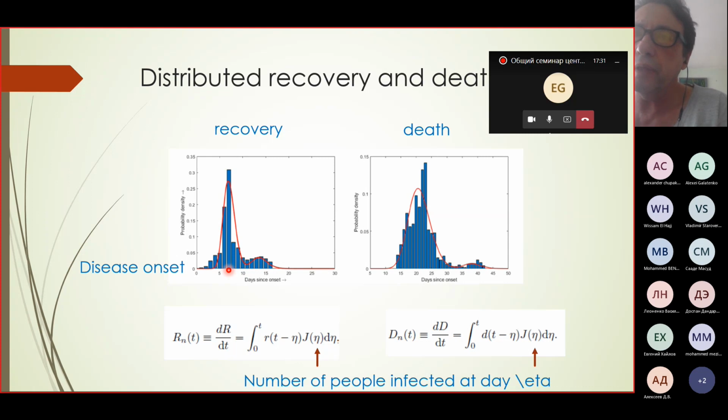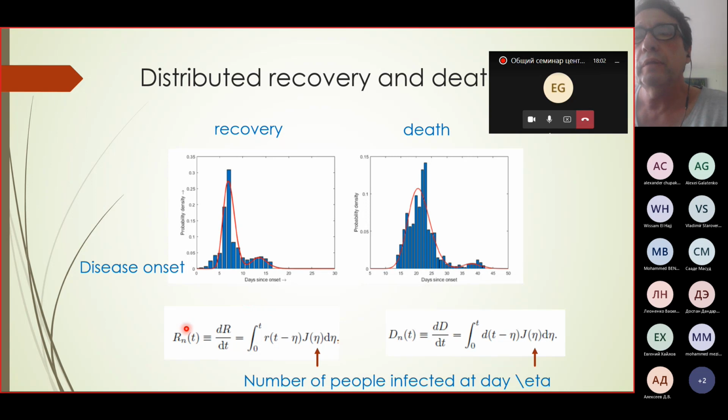I'm trying to understand the main ideas behind this model. So we have this distribution, and we see, of course, there are very few recovered on day 1, a little bit more on day 2, then many of them at day 6, 7, 8, and then this distribution decreases. So we should take into account this probability of recovery after infection.